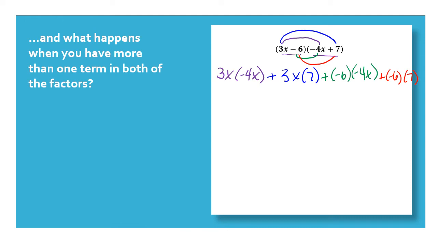Okay, so when I do 3x times negative 4x, 3 times negative 4 is negative 12, and then x times x is x squared. I'll move on to my next term. I have 3 times positive 7 is positive 21, and then I have this x left over.